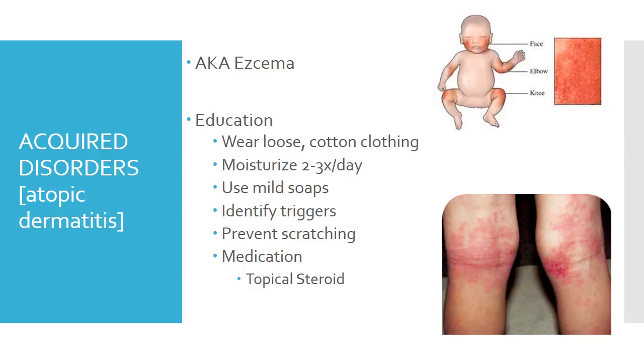Also, if there's a secondary infection, they may be on some sort of antibiotics. You may also see, as far as topical is concerned, a topical corticosteroid, which will help any type of flare-up and reduce inflammation.